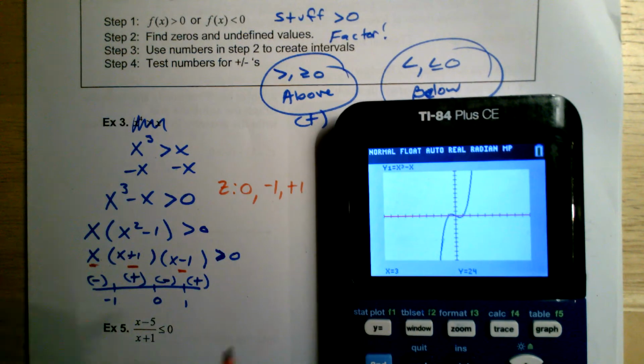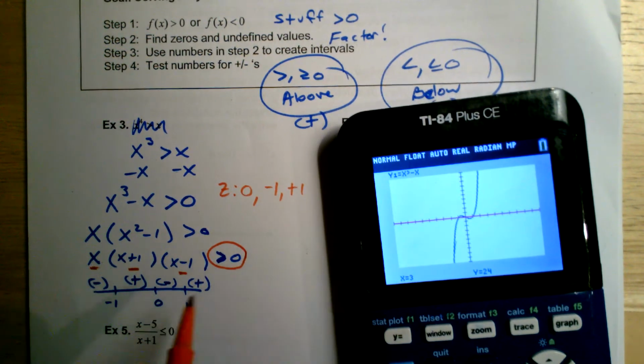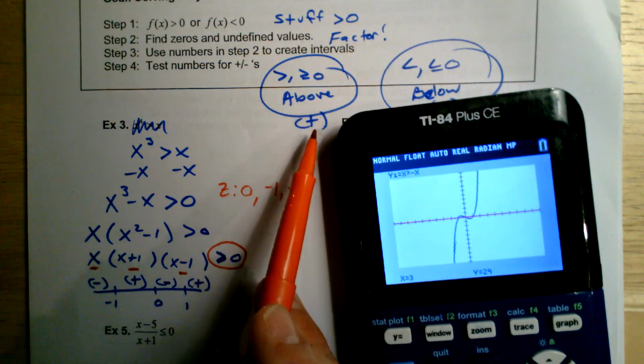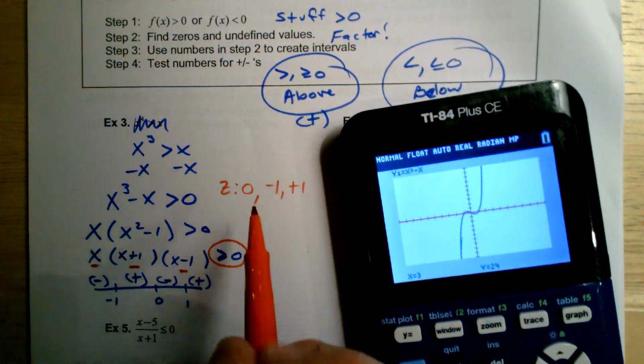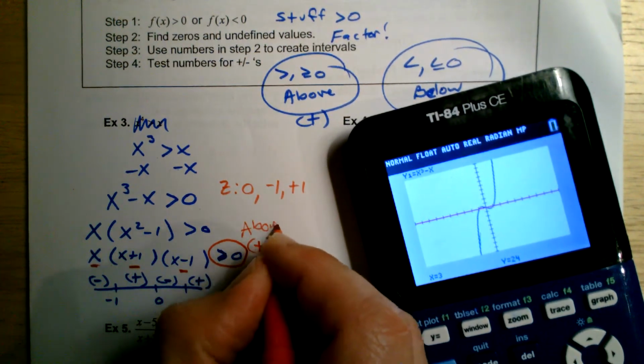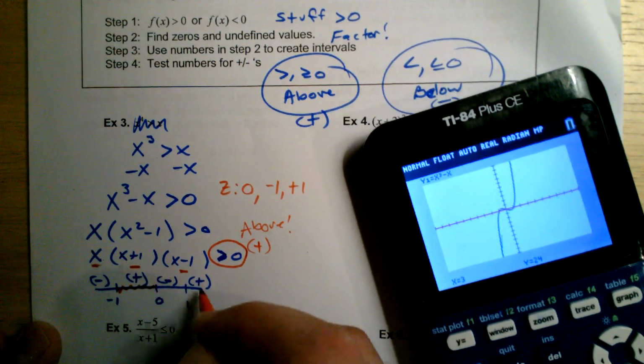Well, I want to do some shading, and the shading is based on this guy right here. If it's greater than 0, it's above. That's the pluses. So I want my pluses. I want above. Okay, so all my shading is here and here.